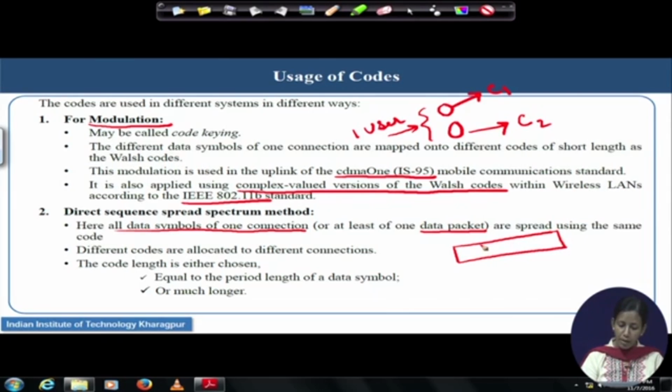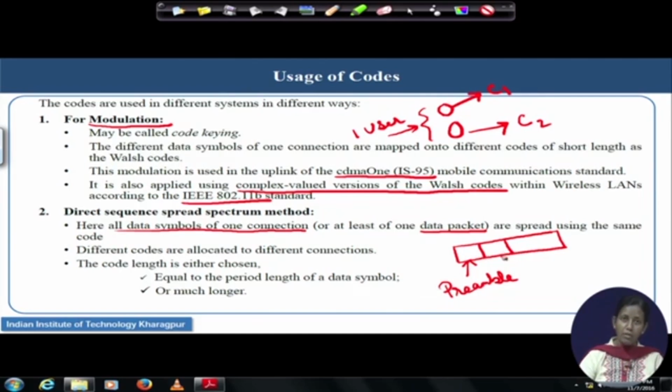Then the packet will have mainly three sections. One is the preamble, where we send training sequences to synchronize the transmitter and the receiver. We also utilize some sequences for channel estimation.